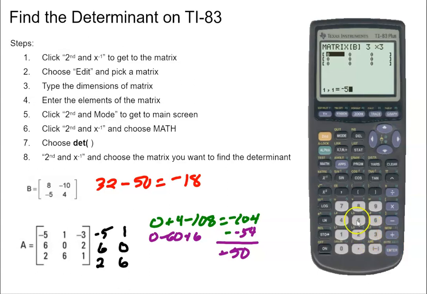So negative 5, we got a 1, we got a negative 3, and then we got a 6, we got a 0, we got a 2, another 2, 6, and a 1.